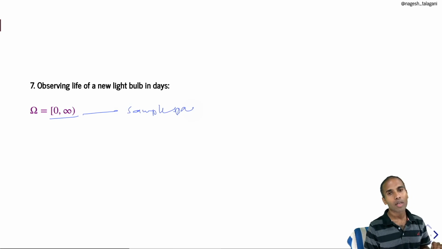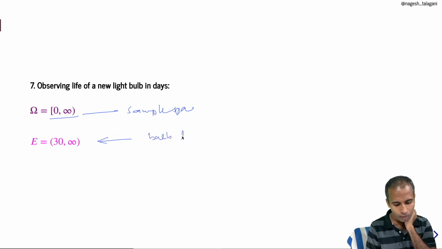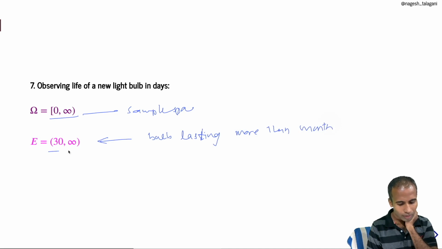Now one typical event of interest could be the bulb lasting more than a month. That can be expressed like this: the open interval 30 to infinity.